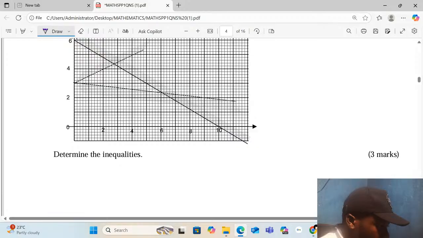Then you find a point within the required region, so that you replace that point with x and y.